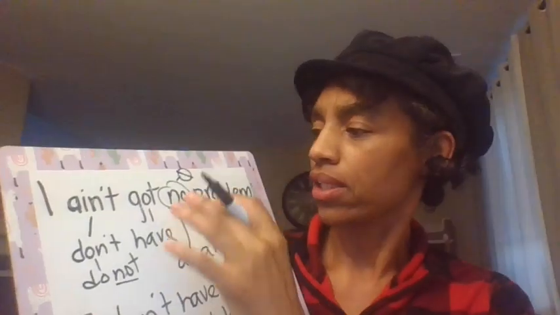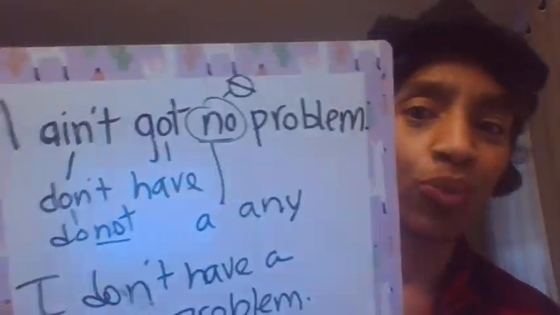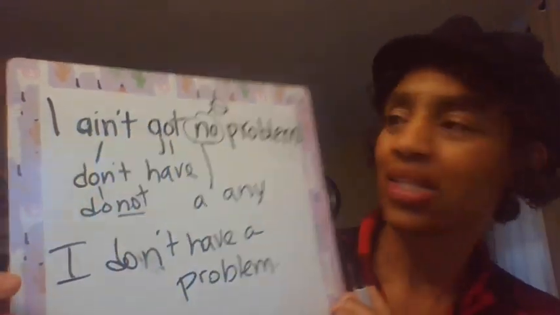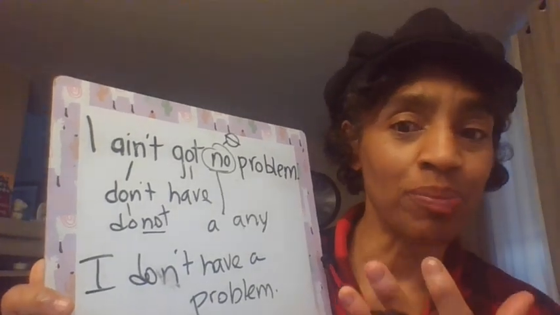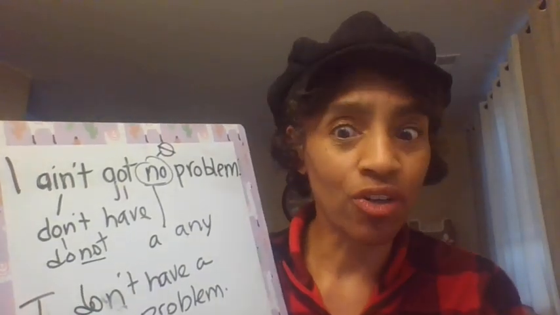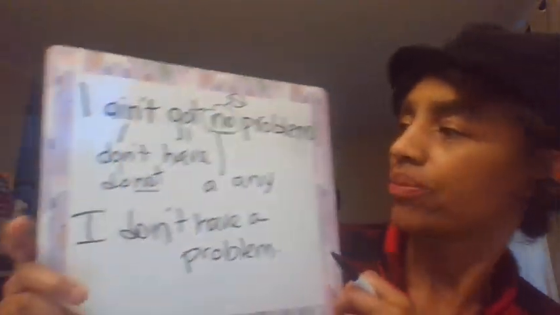So this no transforms when we mean it in a colloquial sense, meaning the way we tend to speak in any situation. And so many things that are considered incorrect have become acceptable.